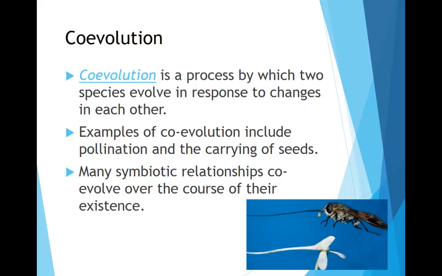But Darwin said if the plant exists and is widely found, then there must be a pollinator for it. And he predicted that there would be a sphinx moth, which is typically pollinating these types of orchids. And he predicted the existence of the sphinx moth before it was discovered.